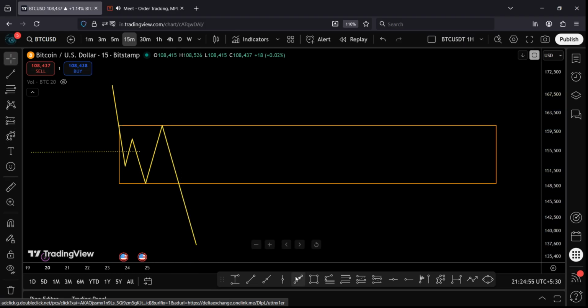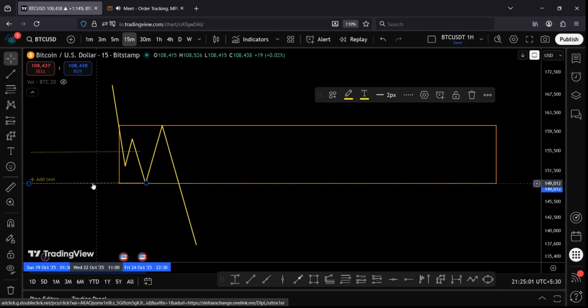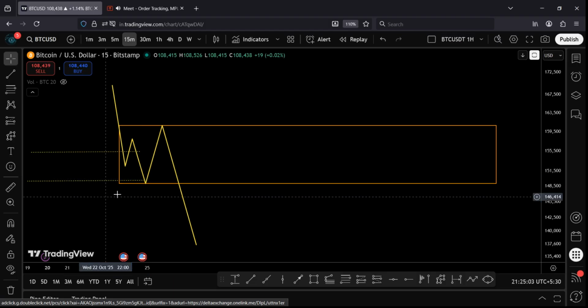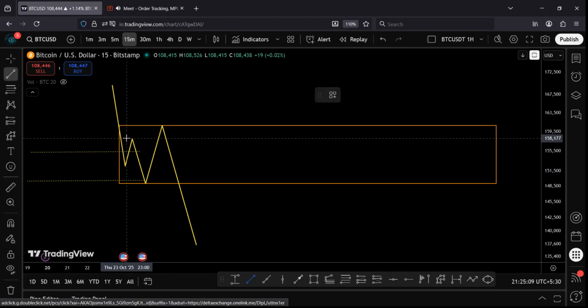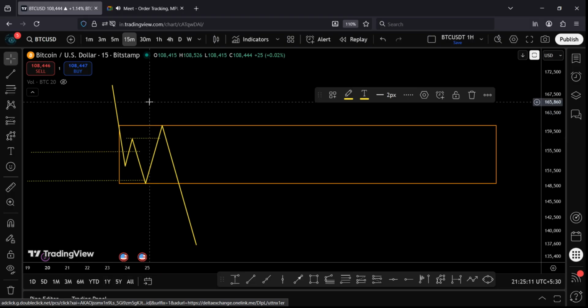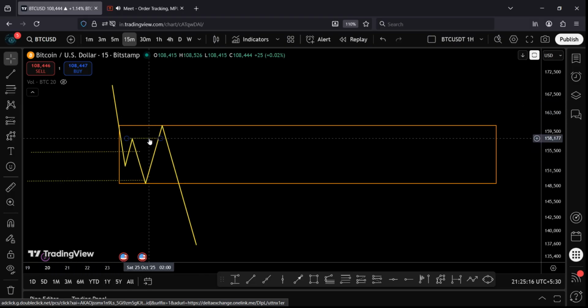So here there was also a level, and here we have this level. Okay, so we can call this the external level, and we can call this the internal level.